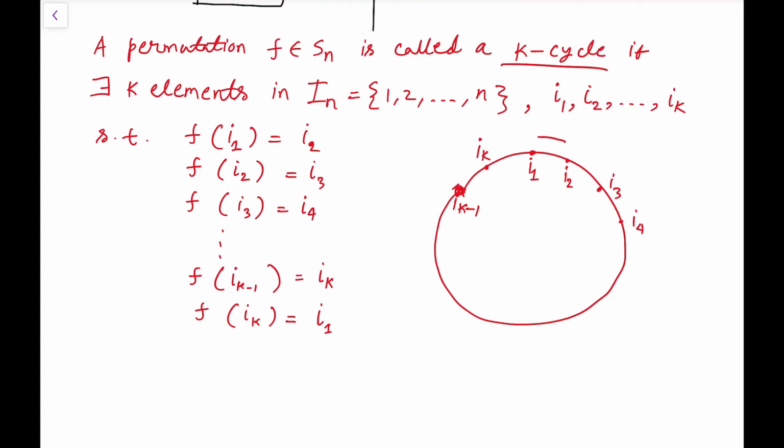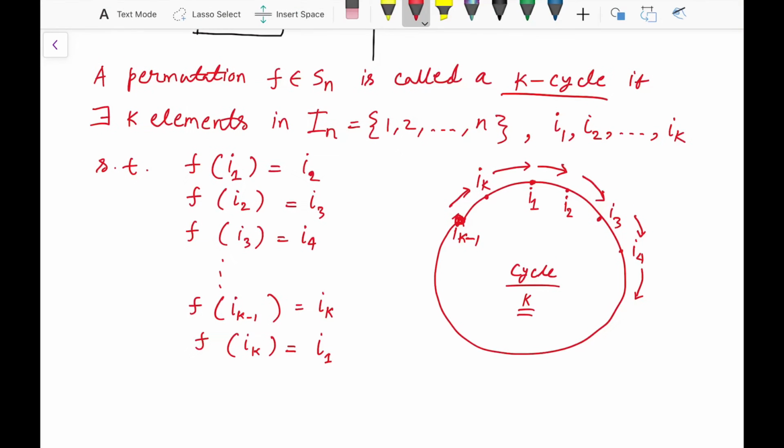So what is happening: i1 is getting mapped to i2 under f, i2 is getting mapped to i3, i3 is getting mapped to i4, and so on, and i(k minus 1) is getting mapped to ik, and ik is again getting mapped to i1. So this is the idea of a cycle, and the length of the cycle is k, therefore it is called a k-cycle. So let us take an example to understand this concept.